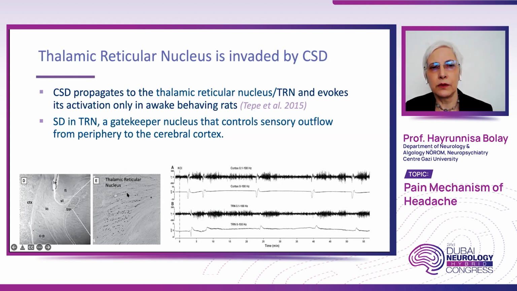Why is it important? Because the thalamic reticular nucleus is a gatekeeper nucleus that controls the sensory outflow from peripheral structures to the cerebral cortex. If there is a problem like CSD in that nucleus, it cannot function, and that leads to all the sensory flow to the cortex. Enhanced sensory reaction can occur.